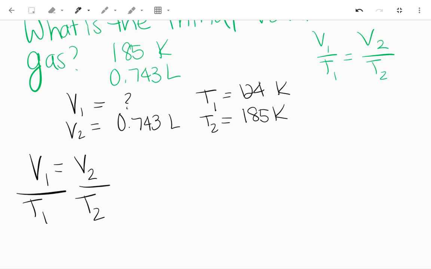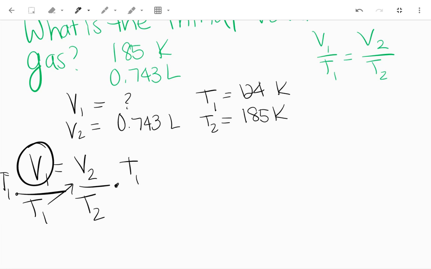So V1 over T1 equals V2 over T2. And I'm solving for V1, which means I need to leave this variable alone on the left-hand side. First I must multiply both sides by T1 to get rid of the T1 on the bottom.